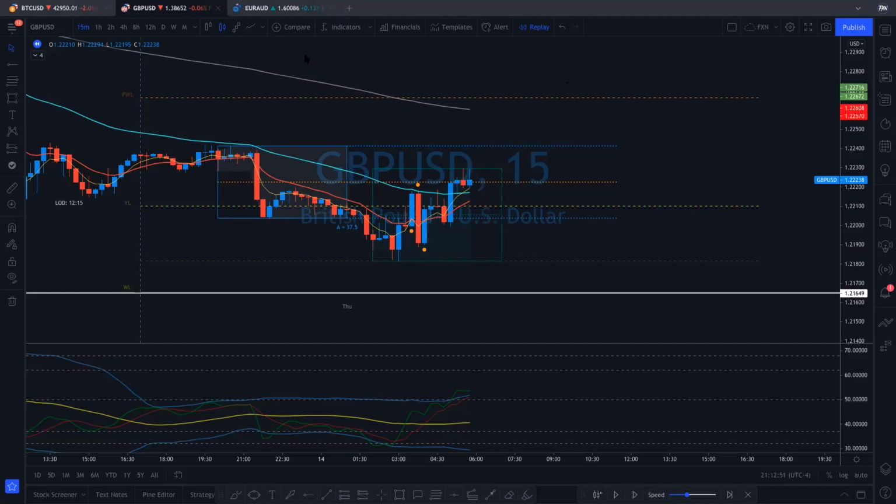And if you get that, then you want a pullback and then an entry. But essentially you'd want this to happen before the end of the box. But you're right at the middle of the range, literally.